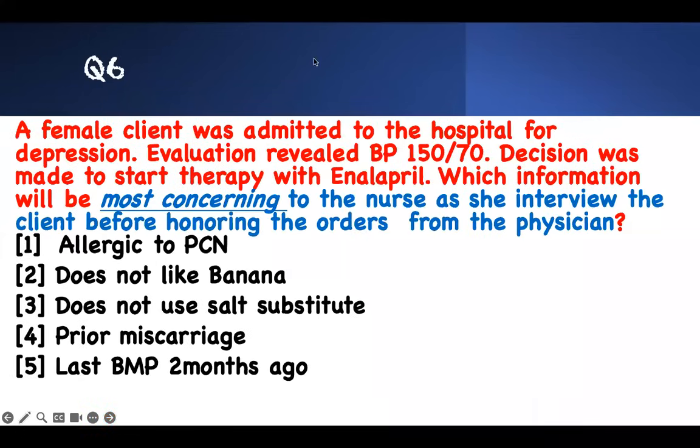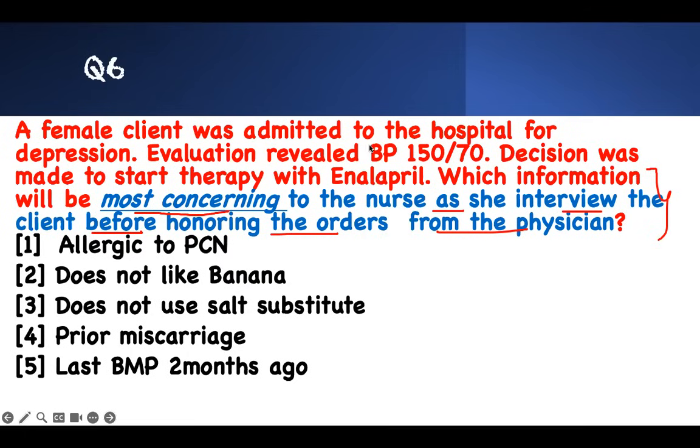Number 6. What is the problem? You've got to read from the back. Which information will be the most concerning to the nurse as she interviews the client before honoring the orders from the physician? So something the nurse should be concerned about before checking the orders and making sure they can give the prescription or whatever they need to.